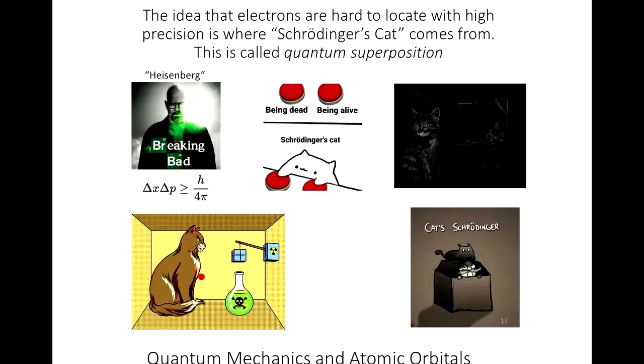So this is the experiment, right? The cat's in the box. We don't know if this poison is going to go off or not. But the thing is we can't see inside the box. So when it's closed, it's both dead and alive until you open it. So it's cool. I have this poster outside my office. It's a painting. I know it's hard to see. It's of the cat, both dead and alive at the same time.